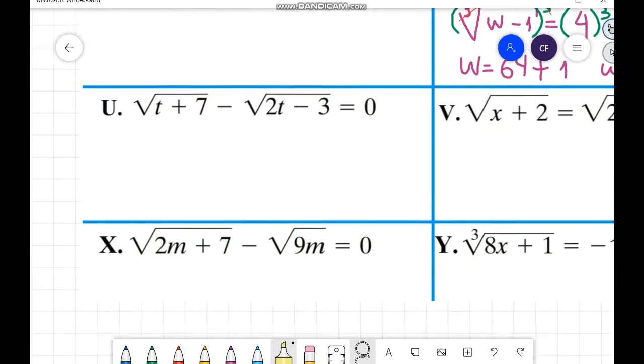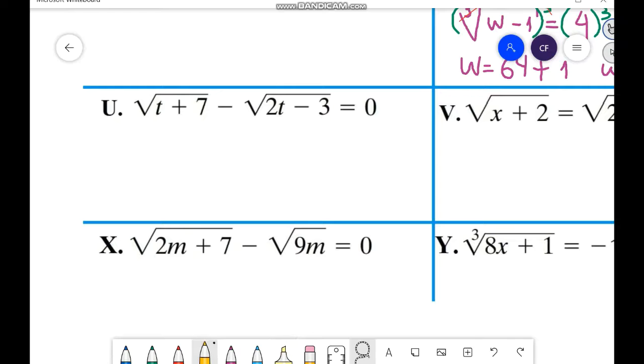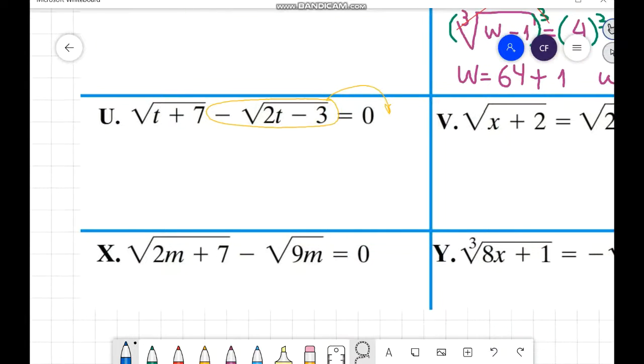Letter U. Both radicals are together here on the left-hand side of the equation, and there's a 0 on the other side of the equation. We need to isolate at least one of the radicals. Maybe you're going to be able to isolate both. We're going to move this to the other side, and actually we will be able to isolate both radicals.